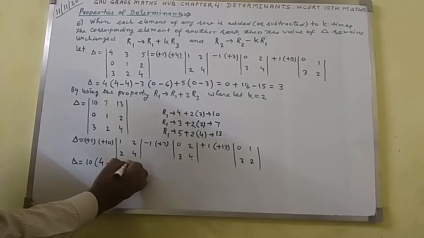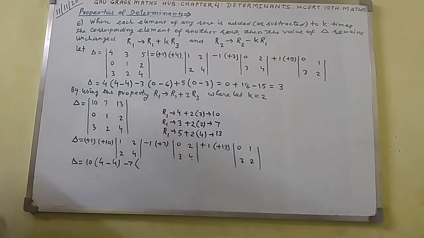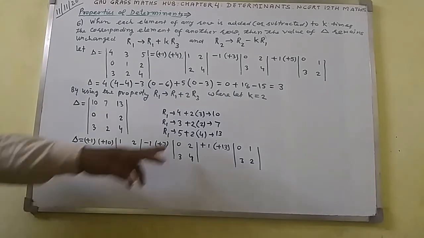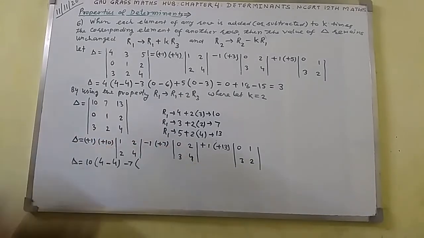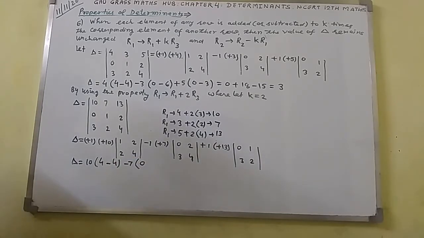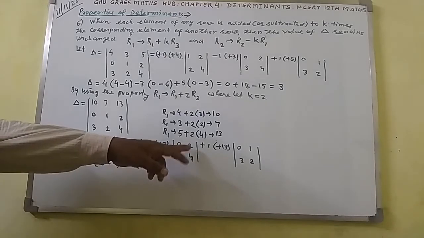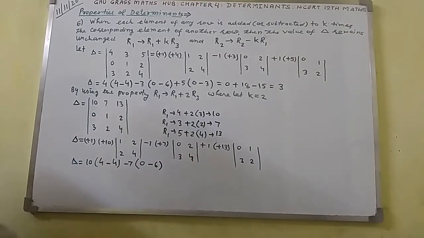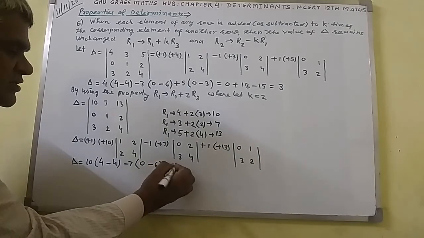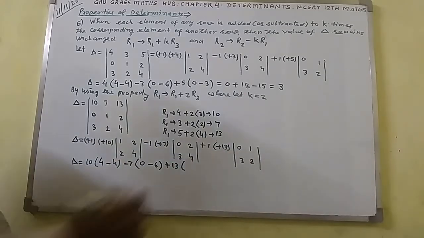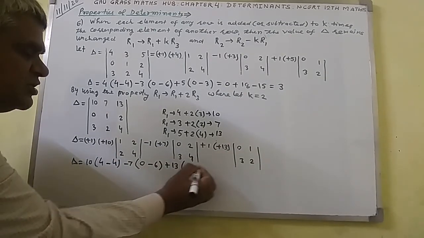Here write minus 7. And here you can see this is 4, 3, 4 I written. 0 will multiply to 4. You will get here 0. Minus 3 will multiply to 2. We will get here 6. Plus 13 I shall write here plus 13. And 0 will multiply to 2. We will get here 0 minus 3.